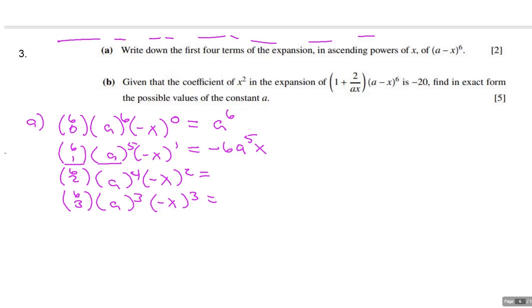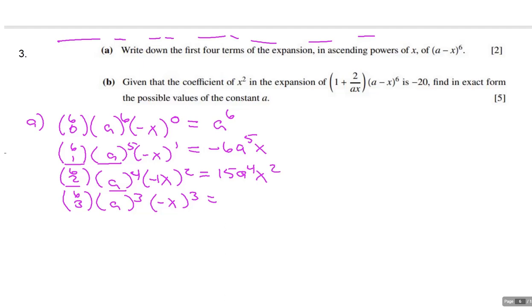What's 6 choose 2? 15. So that's going to be 15 times a to the 4th, and then this negative 1 is going to be squared. So what's negative 1 times negative 1? Positive 1. All right, so this is going to be 15 a to the 4th, and the letter is going to be x squared.